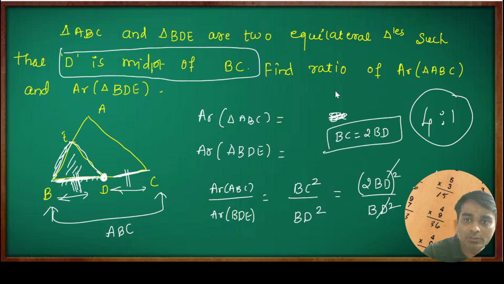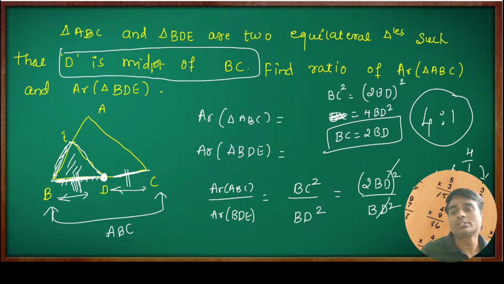BC square means you write 2BD inside the bracket and whole square, which gives you 4BD square. Therefore here it is 4BD square divided by BD square. You cancel this, then you remain with 4 by 1, which is 4 is to 1.